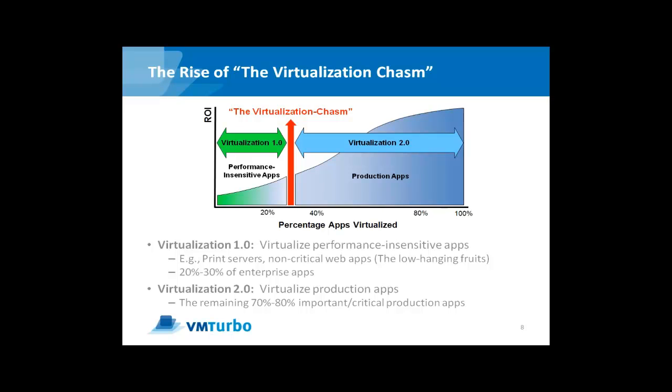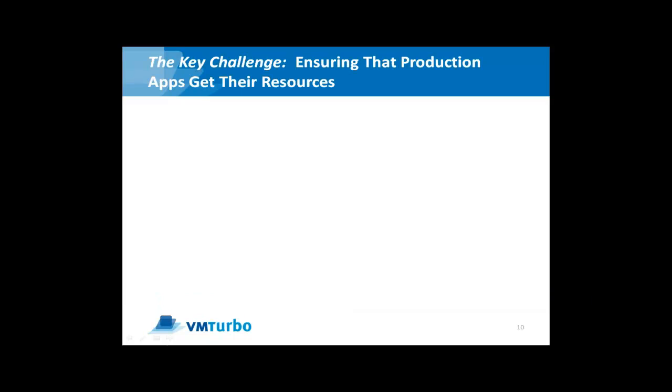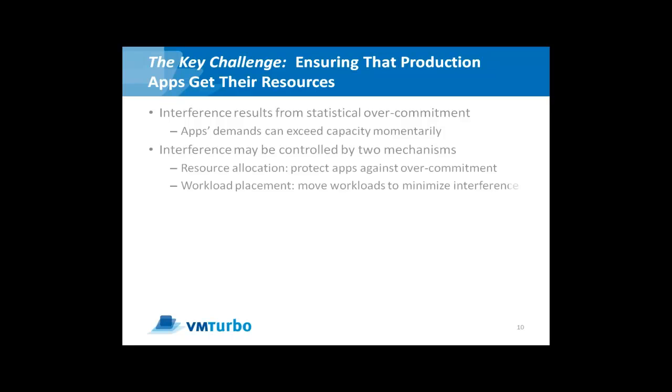And so let's take a look at the three key sources of inefficiency. First of all, what's the problem with production applications? Well, the interference between different apps comes from the statistical overcommitment: at any given moment, even though on average there's enough capacity, the apps' demands may momentarily exceed the available capacity. And the hypervisors control this interference using two methods.